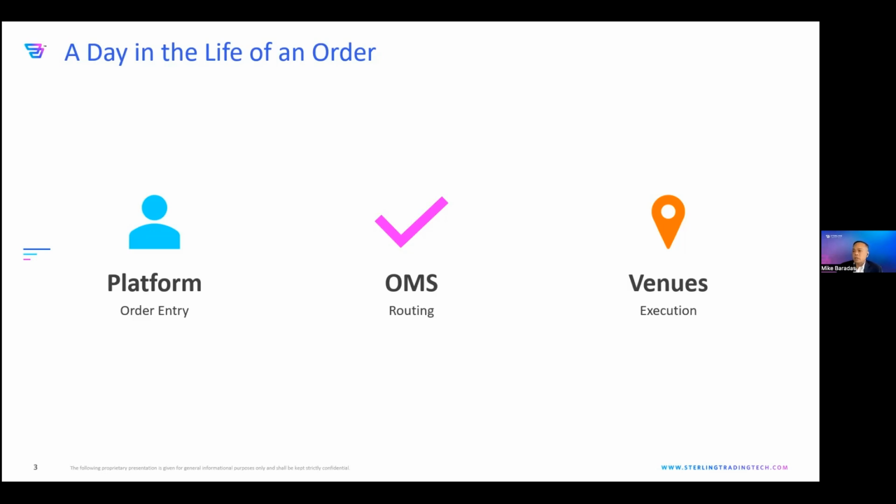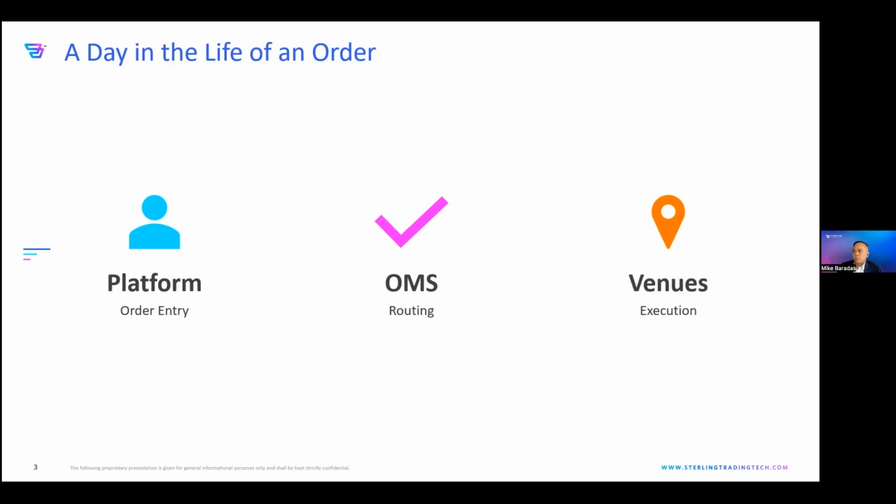But it's usually an order management system that handles that routing to the platform to get executed at each venue. And so, as you can see in this very simple 3-step layout, there is a gatekeeper, and that is usually the role of the OMS to be that gatekeeper. And that's when the risk checks come in.